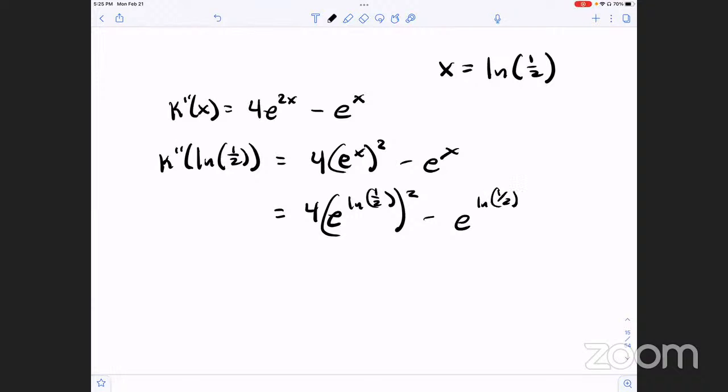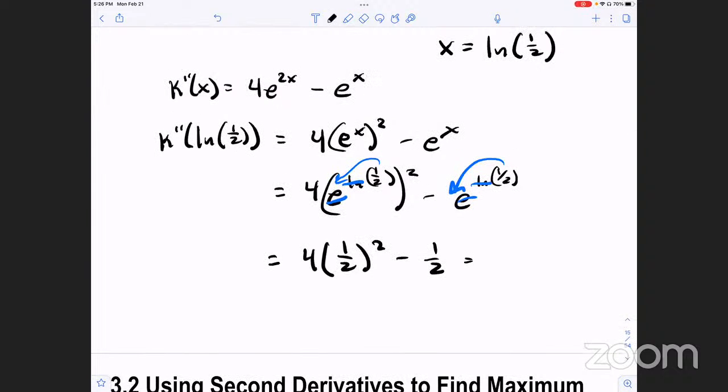This is why I paused before, because this is where I was trying to get to. The whole point of doing it this way is that the natural log and the e are inverses, so they cancel each other, and this power comes out. Same thing here. So then we have 4 times 1/2 squared minus 1/2.